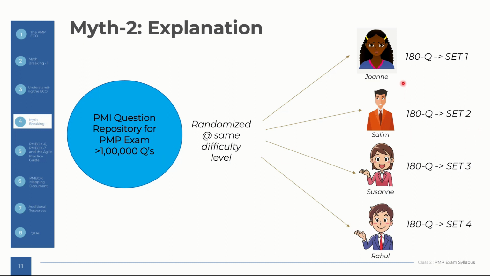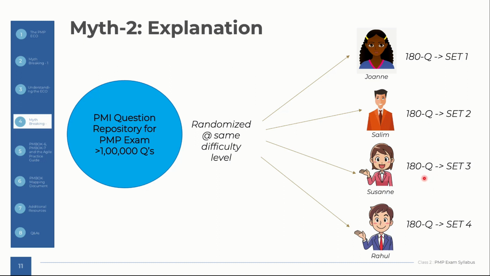The question set which Joan gets may be totally different from the question set that Salim gets, and the question set that Susan gets. Based on that principle, you really can't say that if Joan is getting a question on earned value management, Salim will also get a question on earned value management.